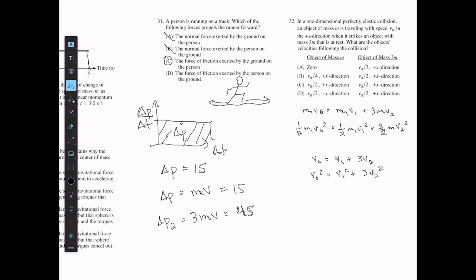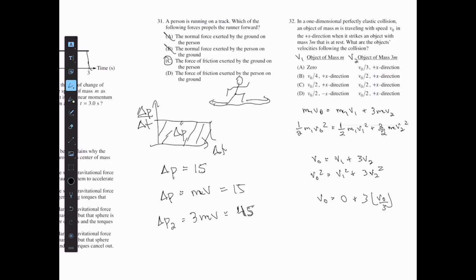So let's just check them first. This is v1 and this is v2. So 0 and v0 over 3. v0 is equal to 0 plus 3 times v0 over 3.